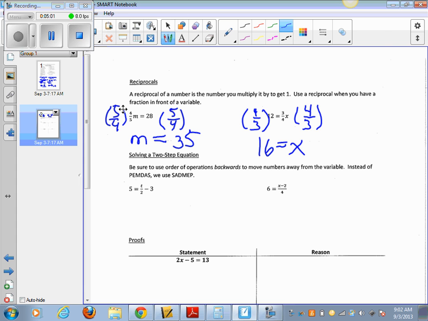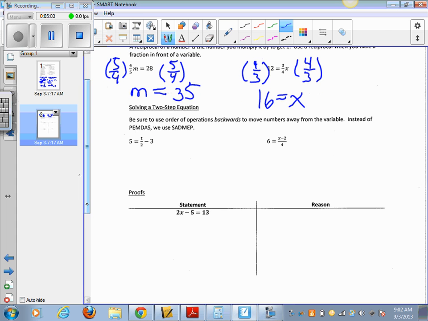So if we're solving a two-step equation, make sure that we're doing the order of operations backwards. So you're isolating the variable this time. So instead of PEMDAS, we can use SADMEP, SADMEP. But I think it will come pretty intuitively to you.